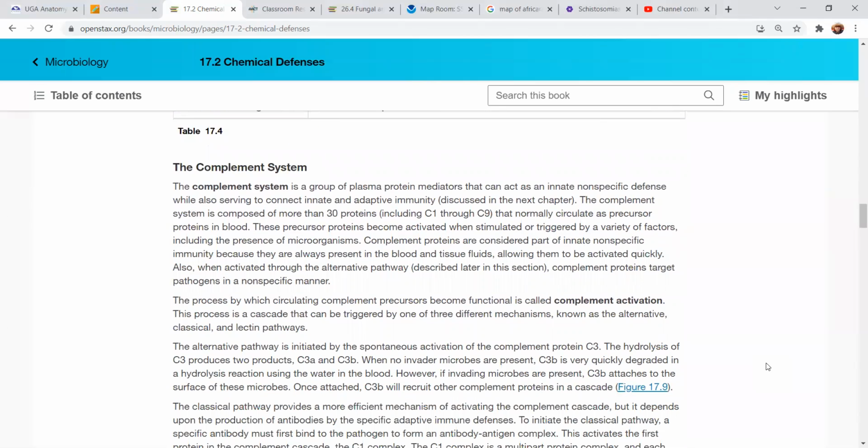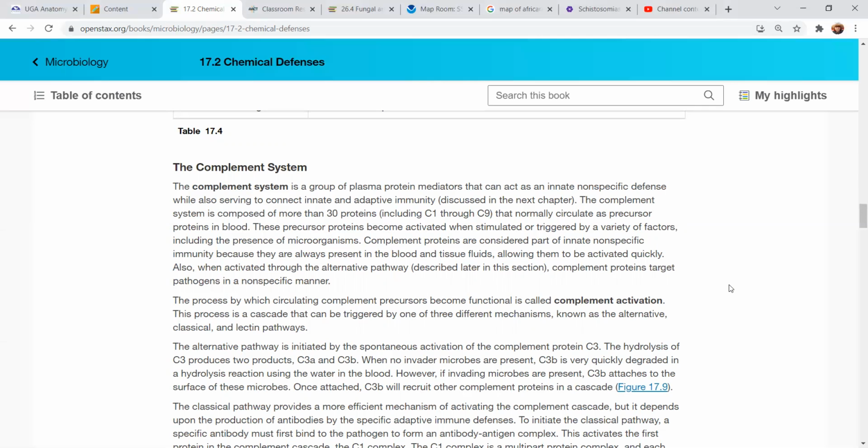The complement system is a cascade system of more than 30 proteins. They're circulating in the blood as precursors, but then they become activated by something, including microbes. They're considered part of the innate non-specific immunity because they're always present.